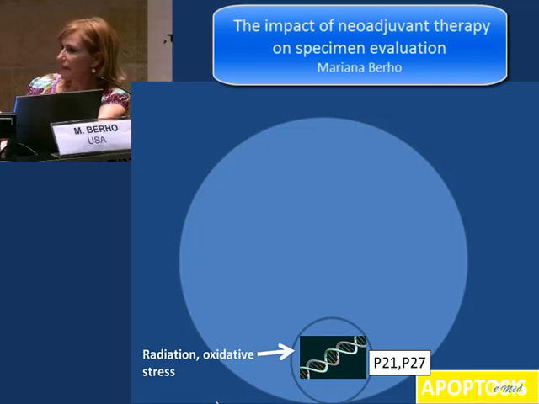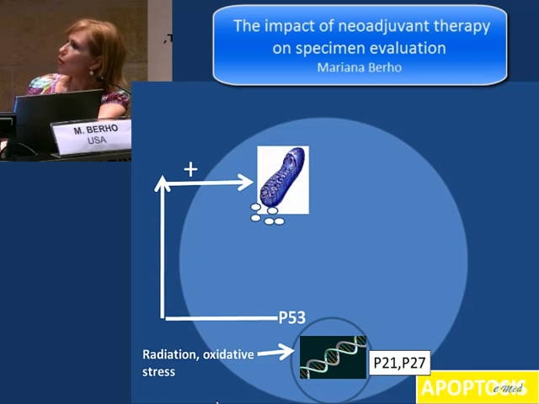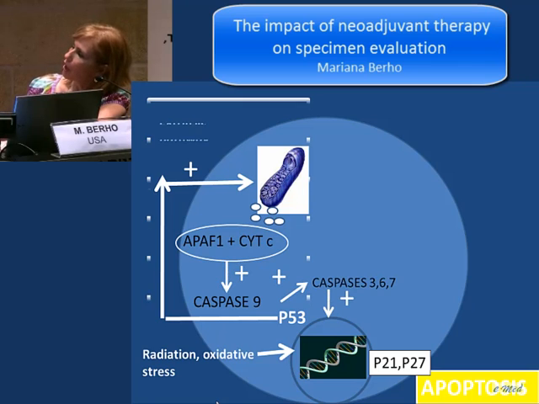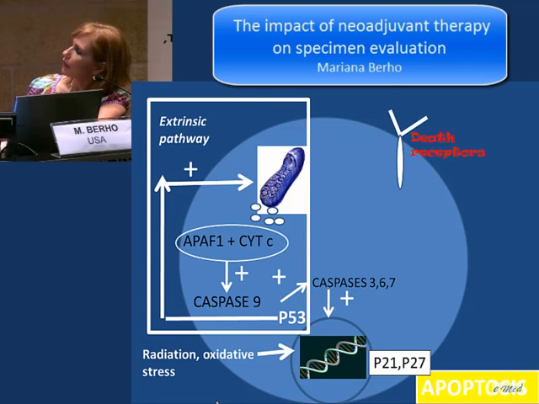The way that neoadjuvant chemoradiation shrinks the tumor is through the induction of apoptosis. Very, very simple. And this is basically at the DNA level. There are different types, as you may remember, of pathways that induce apoptosis.